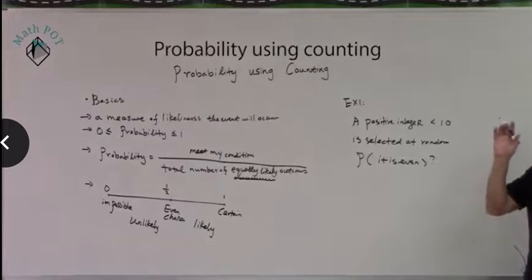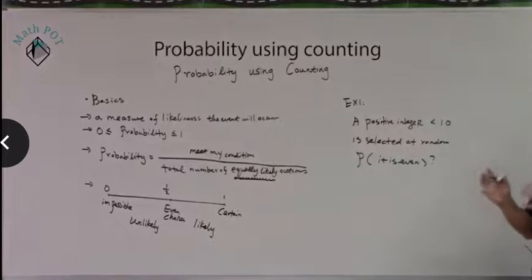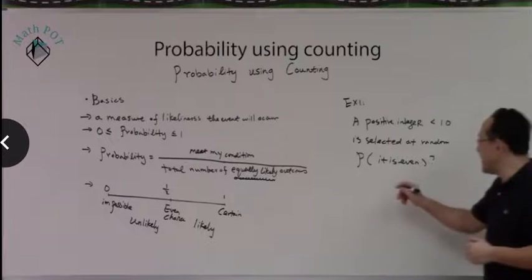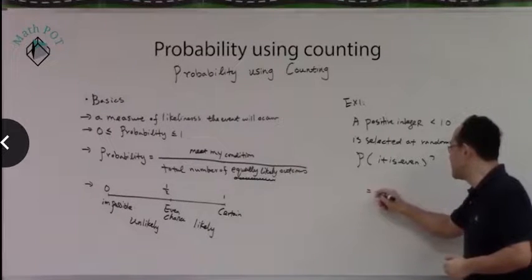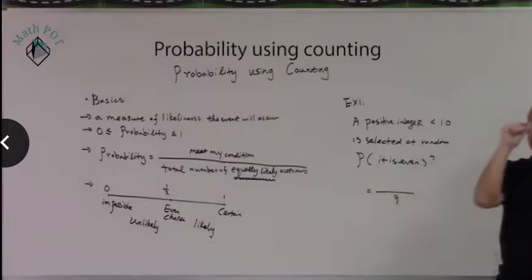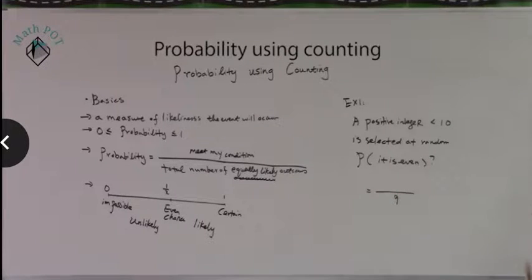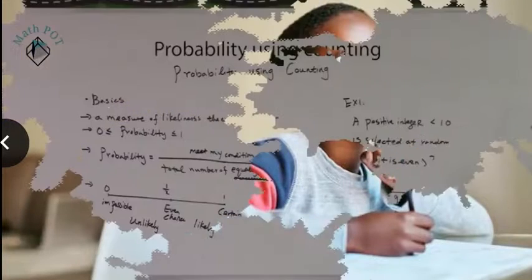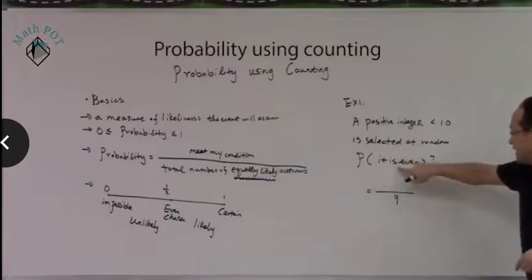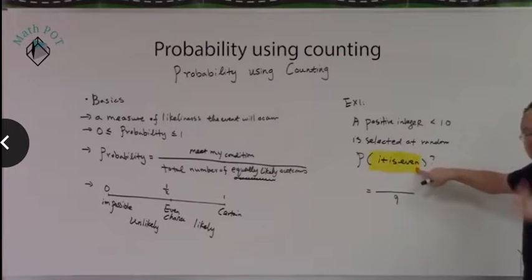So the total number of outcomes is 9, and that gives us the bottom number 9. We have 9 possible equally likely outcomes. How about the outcomes that meet the condition? How many of them meet the condition? The condition I talk about is an even number.